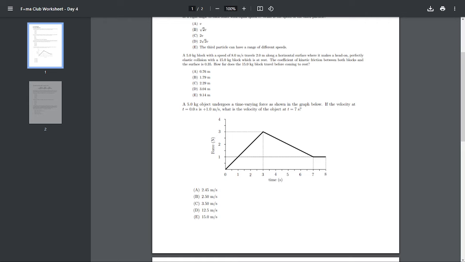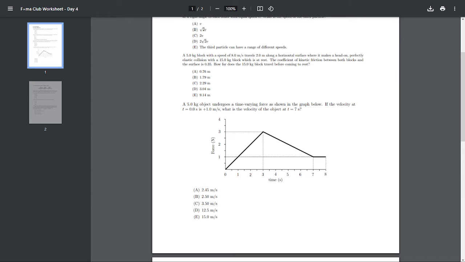It travels 2 meters before colliding, perfectly elastically, with a 15 kilogram block, which is at rest initially. There is a coefficient of kinetic friction between the blocks and the road, mu equals 0.35. It's asking us how far the 15 kilogram block travels before coming to rest.